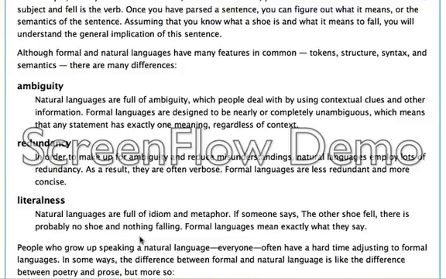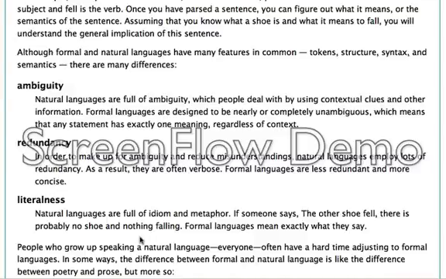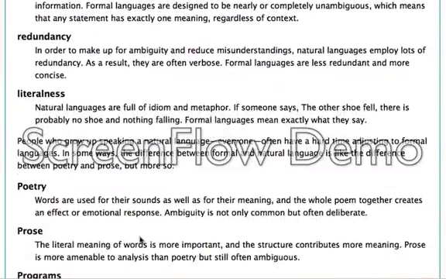If someone says, "The other shoe fell," there is probably no shoe and nothing falling. Formal languages mean exactly what they say. People who grow up speaking a natural language, which is everyone, often have a hard time adjusting to formal languages. In some ways, the difference between formal and natural language is like the difference between poetry and prose, but more so.